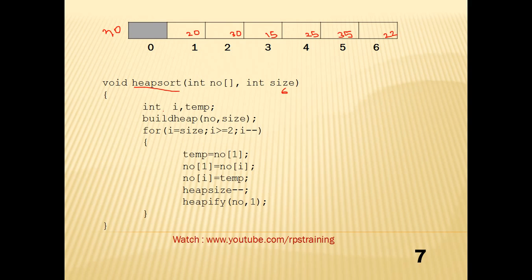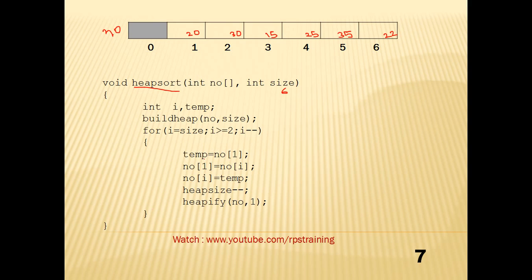Okay, and two local variables, I and temp, have been declared here, and build heap will be called. Build heap is another function which will create a max heap of this array. We are passing no, the array, and the size is 6. Okay, and after making the heap, this loop will work.